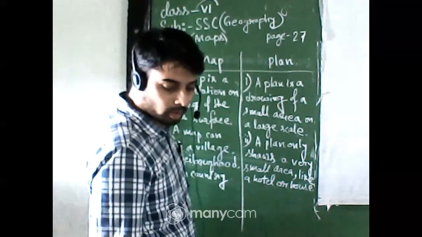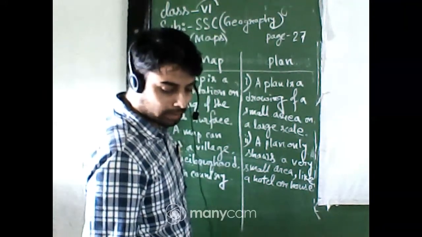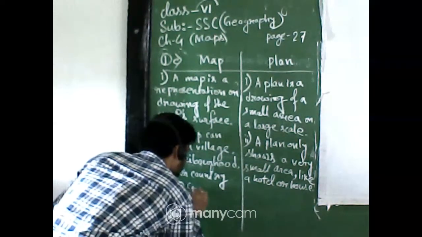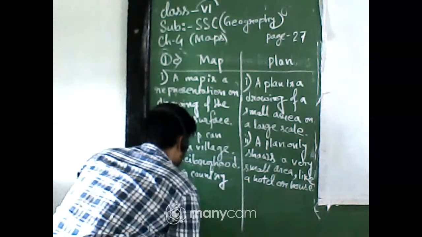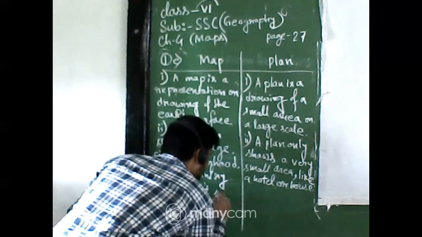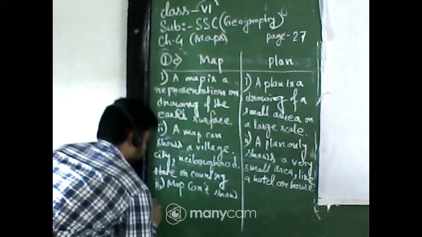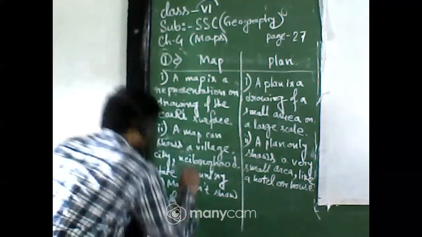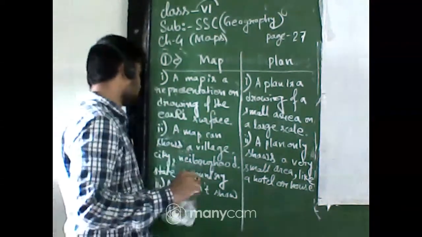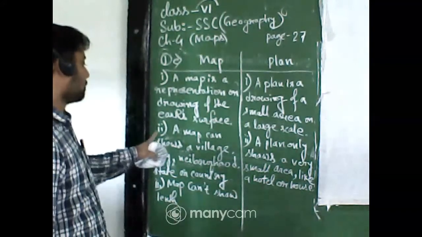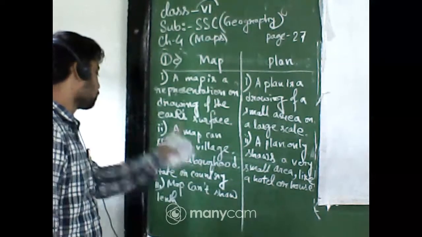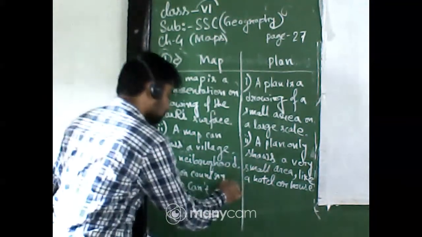Point number 3 on map, that map cannot show length and breadth. Okay, column 1 point number 2 is a map can show a village, city, neighborhood, state or country. Full stop.